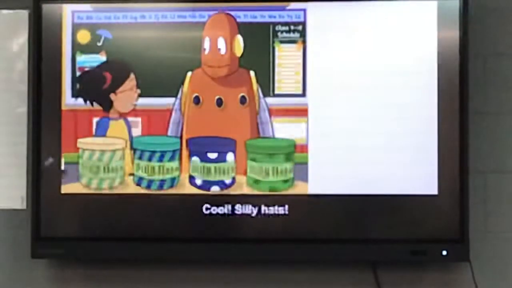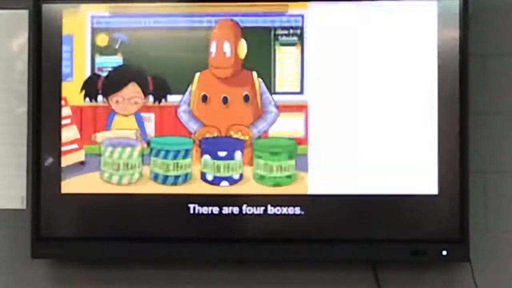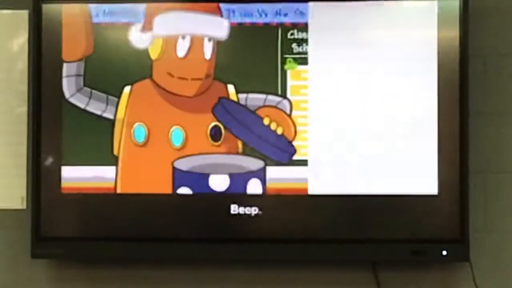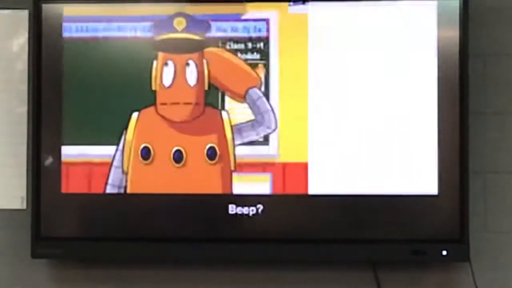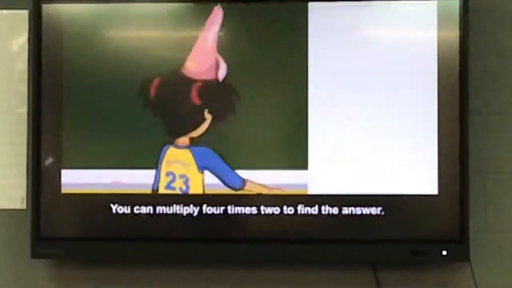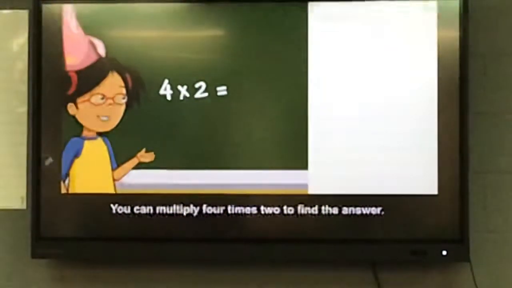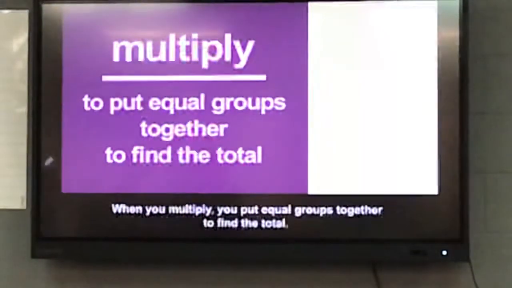Cool, silly hats. There are 4 boxes. Each box has 2 hats. How many hats do we have total? You can multiply 4 times 2 to find the answer. When you multiply, you put equal groups together to find the total.